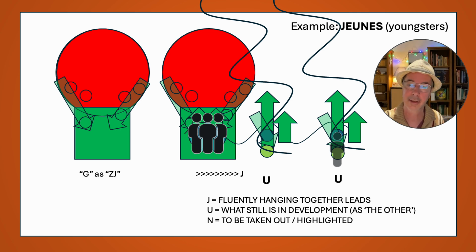The je has this a little bit more free course of things individually, and the U always is an association to something which is still in development. It's the other as well, but it is also something that is in development somewhere else, and it's still developing. So that fits also in the association or orientation upon the name of the naming of jeune for youngsters.